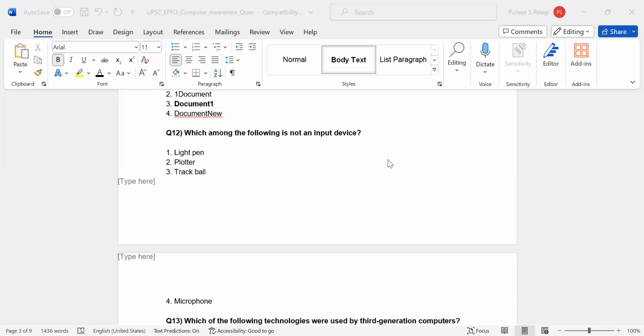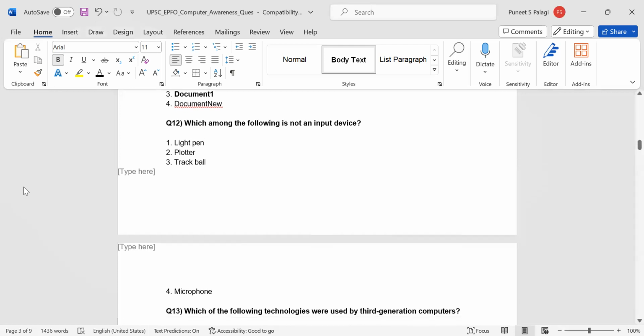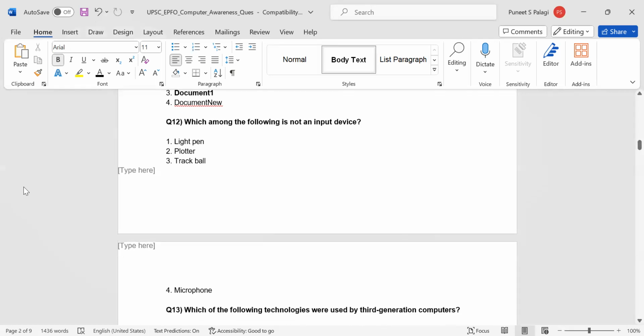Light pen, plotter, trackball, microphone. Which of these is not an input device? So the right answer here is plotter.